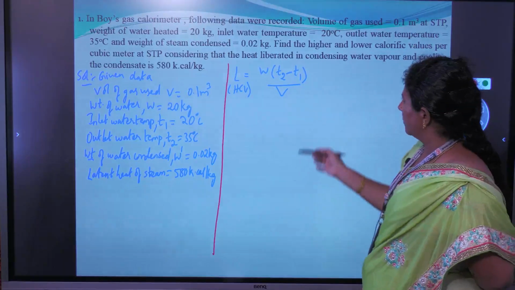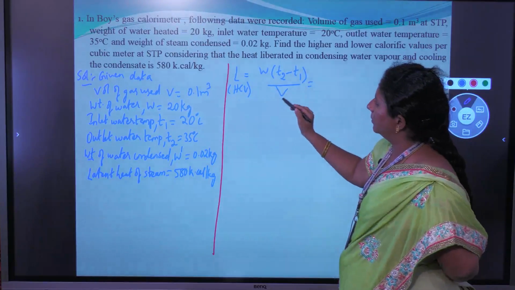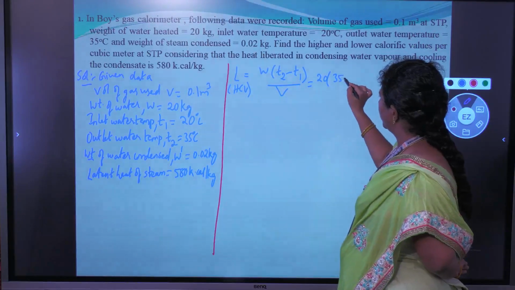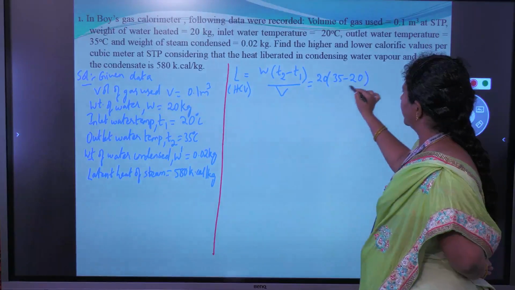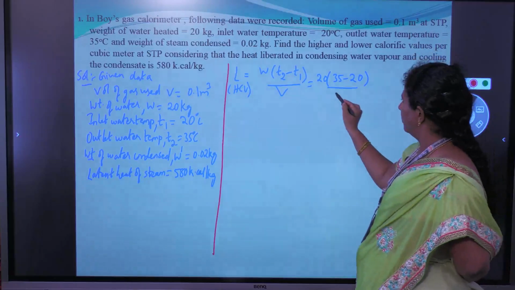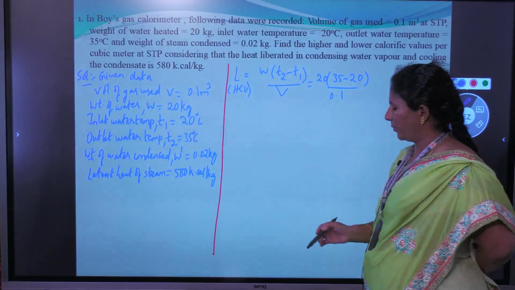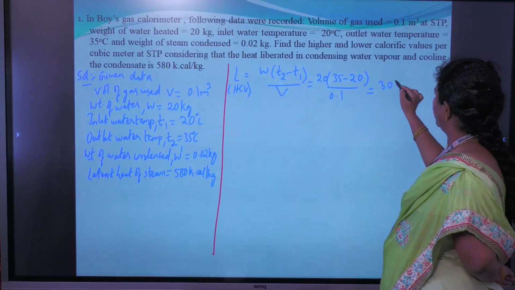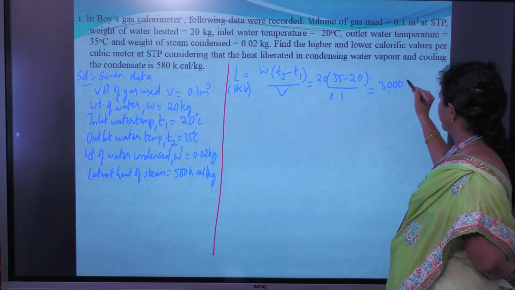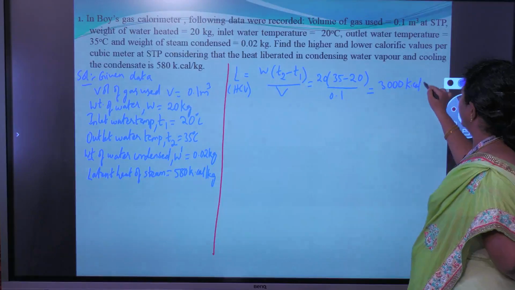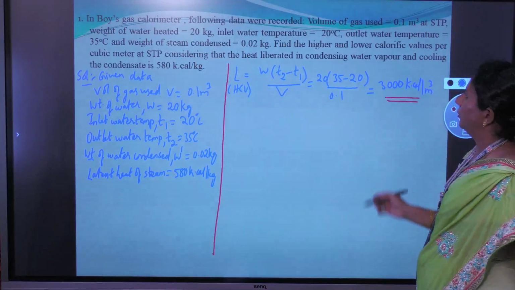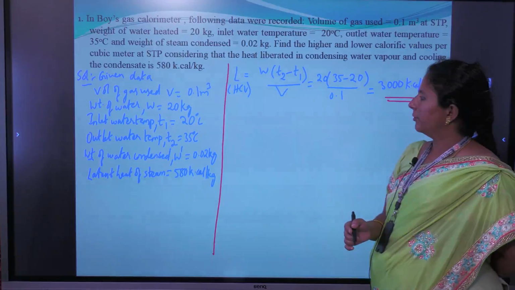So what is the value of W we have here? 20 into T2 is 35, T1 is 20 degrees centigrade, by volume of gas is 0.1 meter cube. By simplifying all these, we will be getting 3000 kilocalorie per meter cube. This is the higher calorific value of the given fuel.